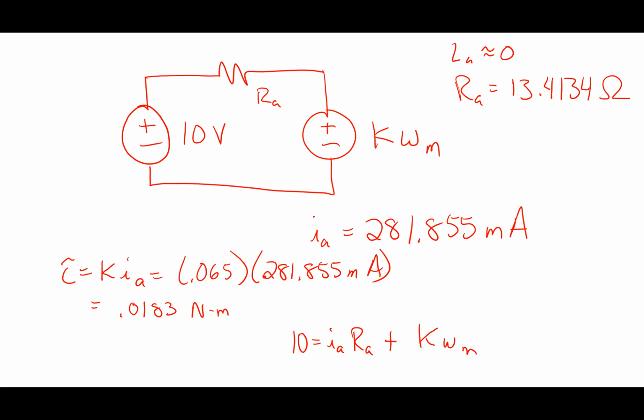Okay. What would happen if I tried to make the machine produce more torque? In other words, if I grabbed the shaft here, IA would increase. All right, IA would increase. What would that ultimately then do? So IA would go up. What's the speed would go down? How do I know that? Well, math. J d omega M by dt equals tau electrical minus tau mechanical.